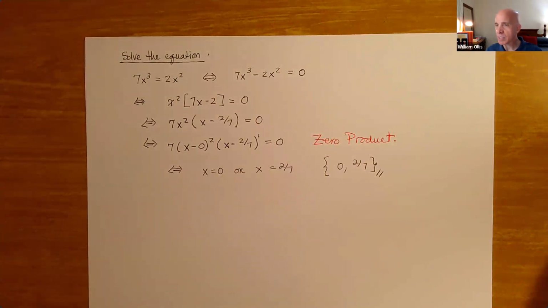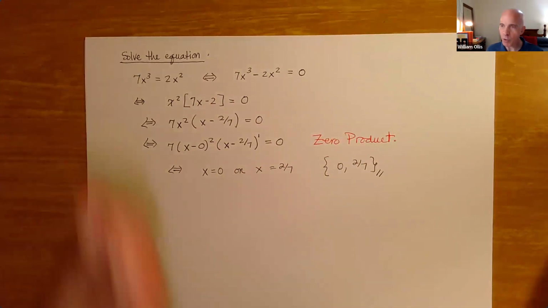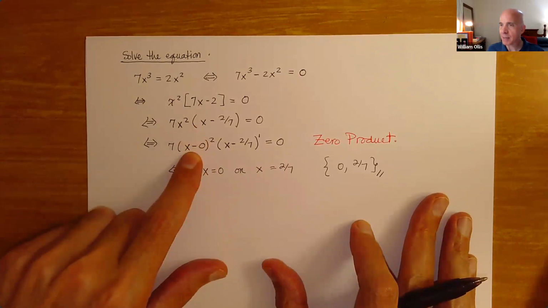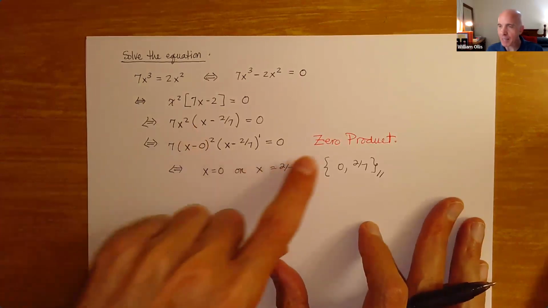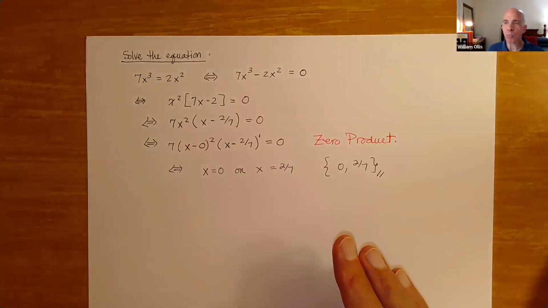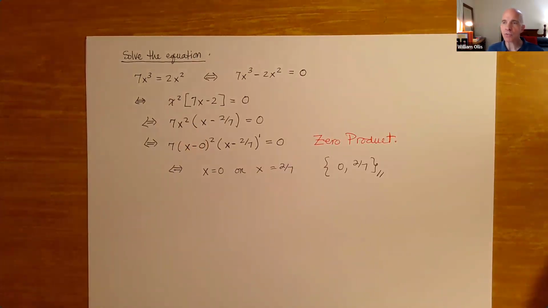And we will continue to use this over and over, because what we try to do is remove everything to one side and maintain all the structure of the equation, and then factor using basic techniques, and then apply the zero product.